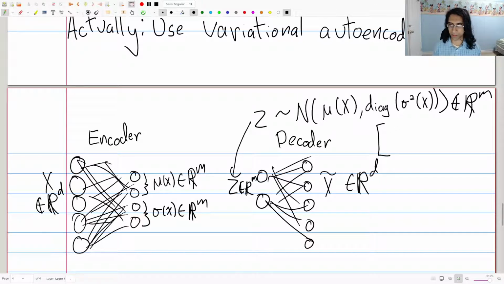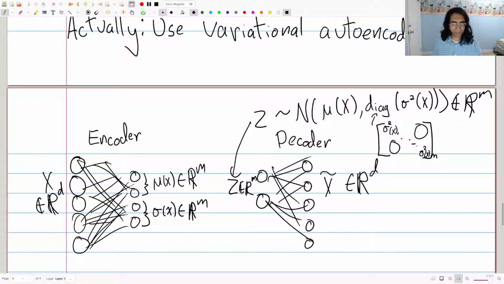So this is going to look something like sigma squared x, 1, this is the first coordinate, all the way up to sigma squared x, m, this is the mth coordinate, and then everything off the diagonal is going to be 0. And that's going to be the covariance matrix of this latent representation, as it's called.